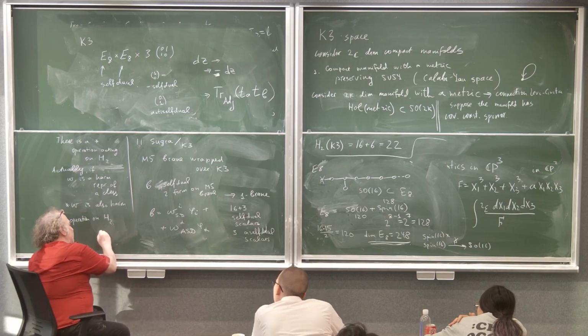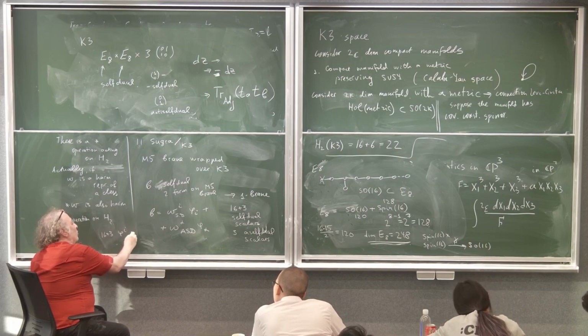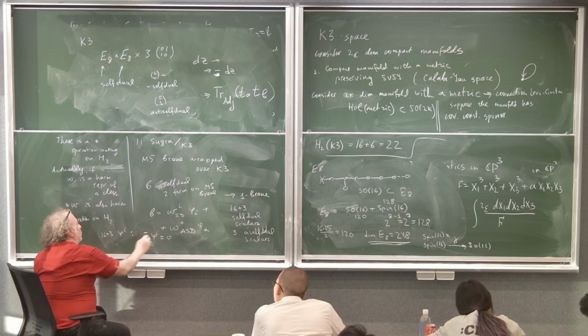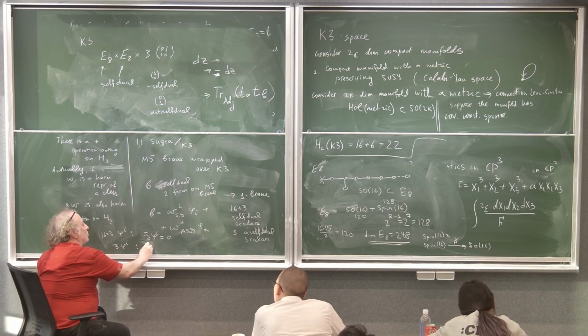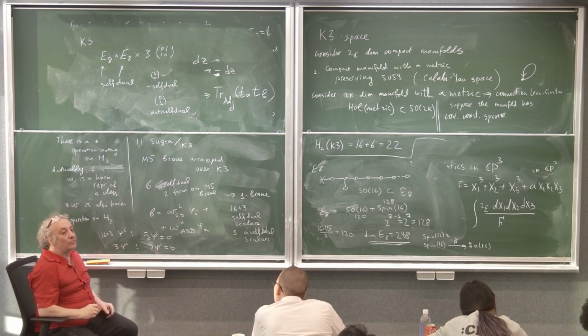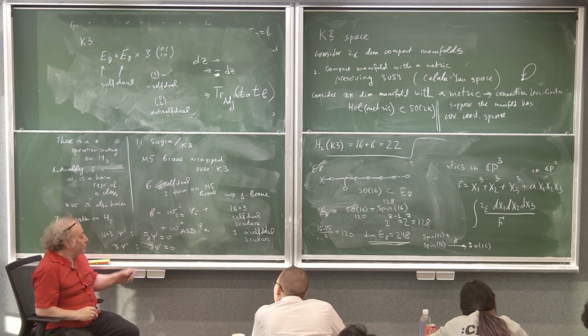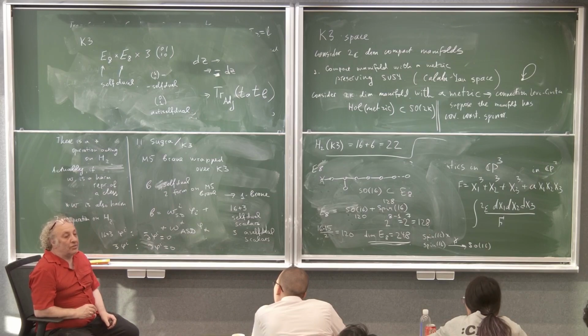So I have 16 plus 3 phi I's with equation of motion d bar phi I equal to 0, and 3 phi alpha's with equation of motion d phi alpha equal to 0. This is a self-duality equation in 2 dimensions.